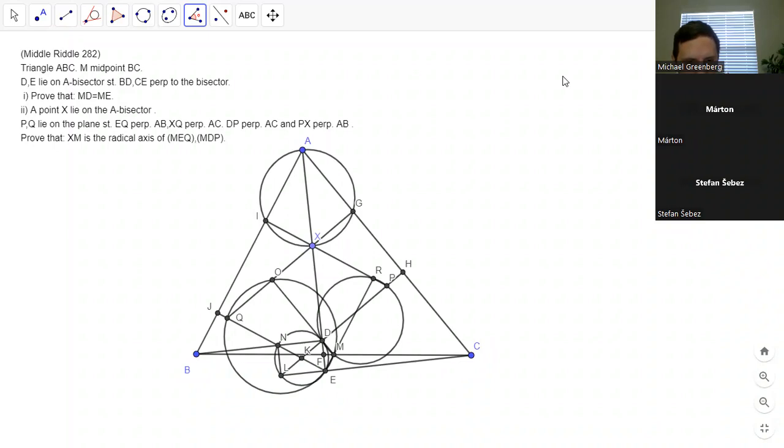So OD squared, that's the power of O with respect to that circle.